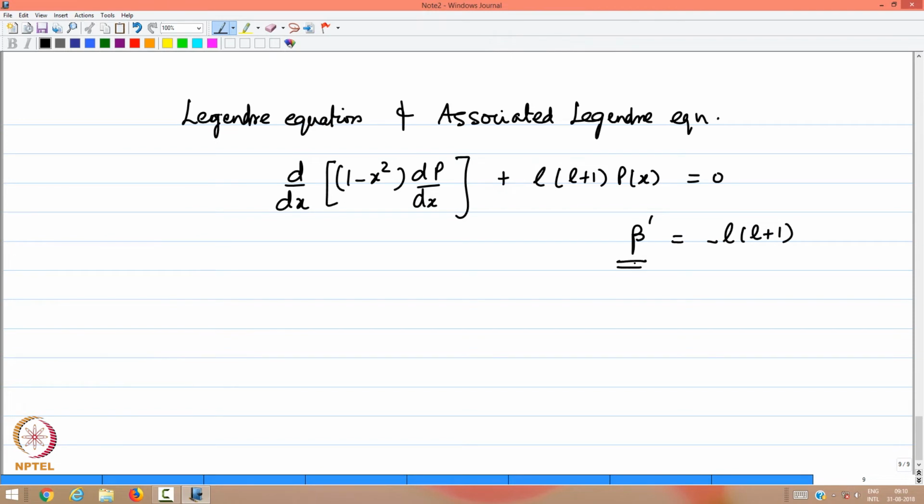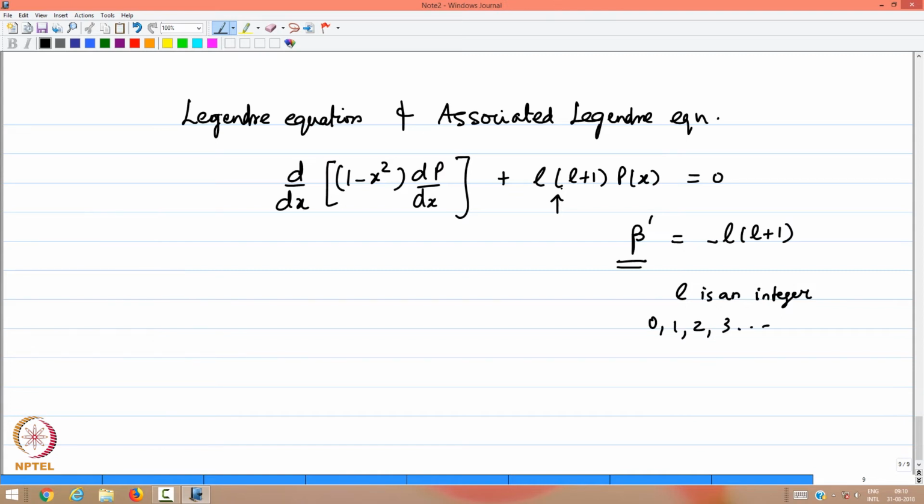Beta prime was an arbitrary constant, but the Legendre equation is an equation which has an arbitrary integer. L is an integer and it takes values 0, 1, 2, 3, etc.